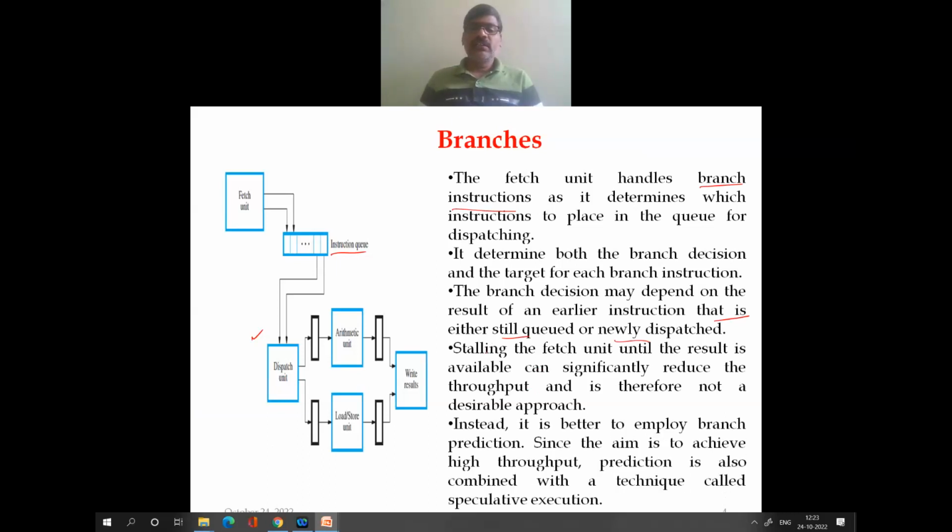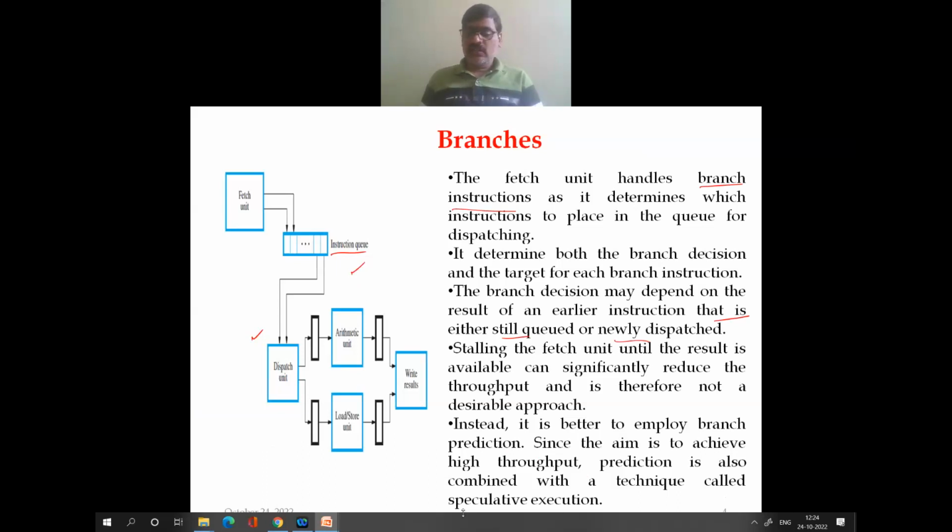Instead of that, it is better to employ a branch prediction technique here. The aim is to achieve high throughput. The prediction is combined with a technique called speculative execution.